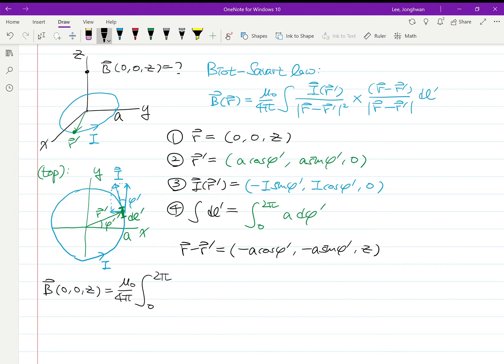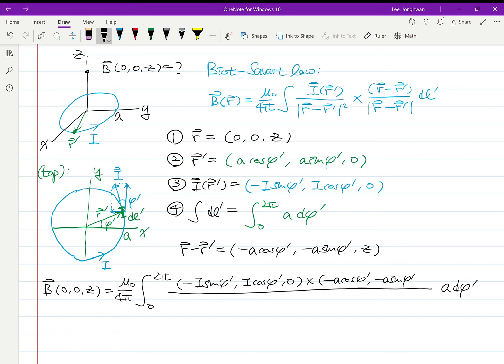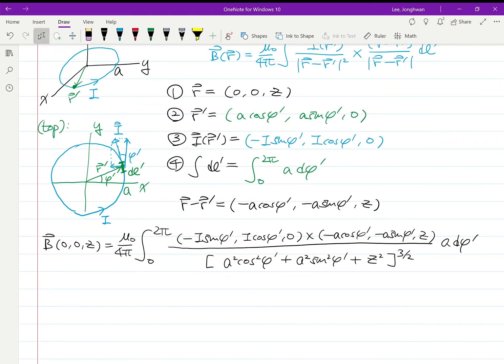We need the range, and we need a line integral, and dl is a d phi prime, and the numerator is the cross product, the denominator is the magnitude of r minus r prime, cubed. It's a little bit long, but we can do it step by step.